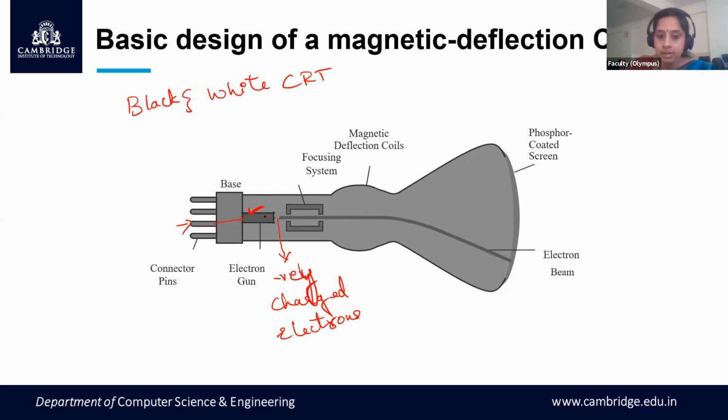These negatively charged electrons will pass through, and while passing through, I have one more system called the focusing system. Why do I need a focusing system? If I don't have a focusing system here, the electrons coming out of the electron gun will disperse everywhere, wherever they find a way. When they come and project onto the phosphorus coating, I don't get a proper image.